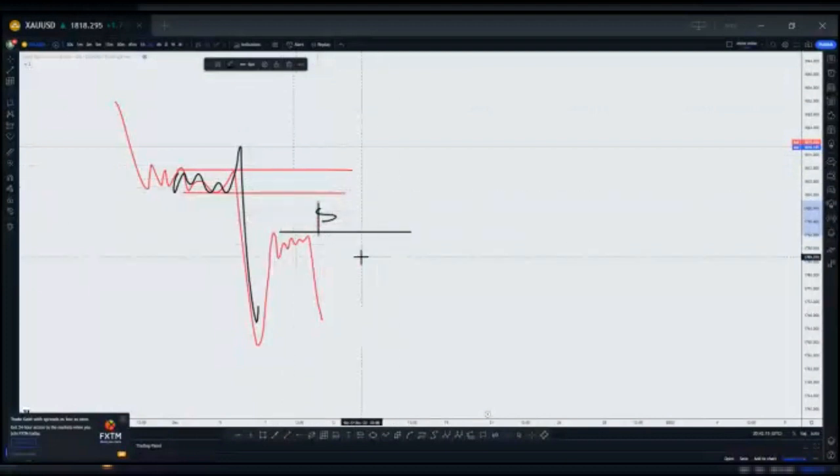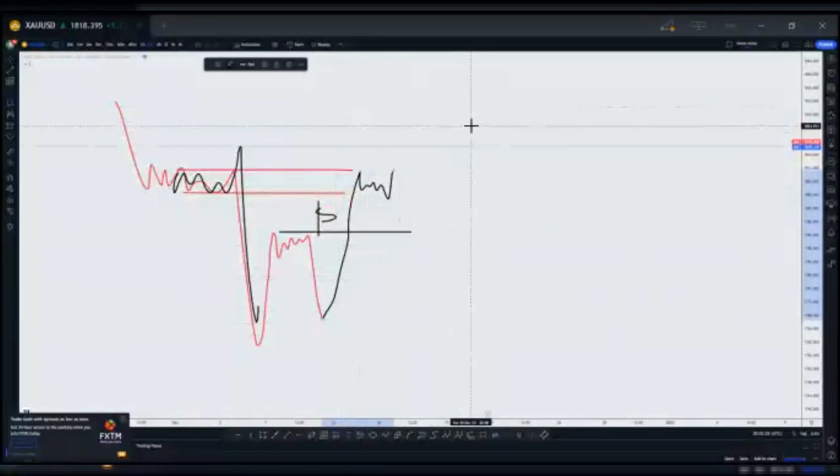Now, what I want to see on my entry model, which is price mitigating my POI, right? And it's giving me a reaction. So what do I want to see at this point? I basically have a few patterns, but they have to go in line with liquidity, because you have to understand that I trade using liquidity, right? So if I want to have an entry model, I have to have an entry model based on liquidity.